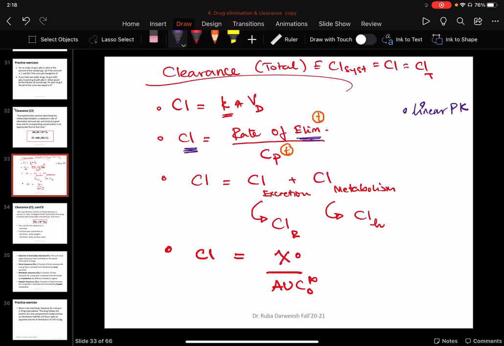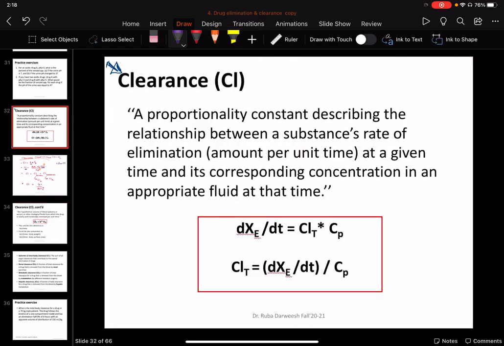Okay, so we just go from here to whatever is mentioned here. Let's see that in here we have the elimination rate, the change in the amount of the drug eliminated per unit of time, that is equal to total clearance multiplied by concentration, which means that the total clearance would be the rate over concentration.